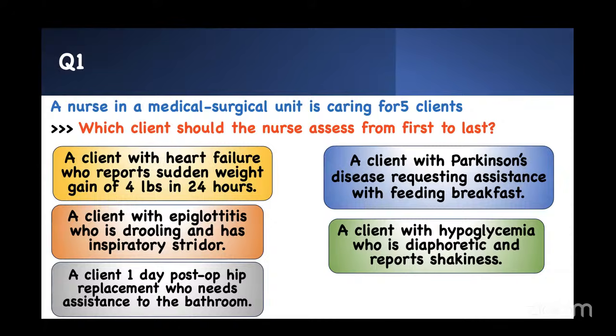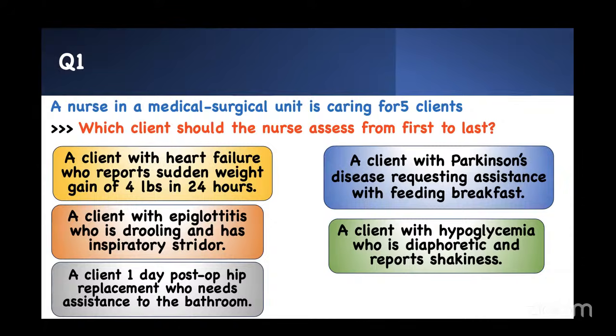The heart failure patient who has a sudden gain in weight, the epiglottitis patient who is drooling and has inspiratory stridor. What do you think? Those are all buzzwords. Or somebody who's post-op day 1, hip replacement, wants to go to the bathroom. Parkinson's disease is requesting assistance with breakfast.